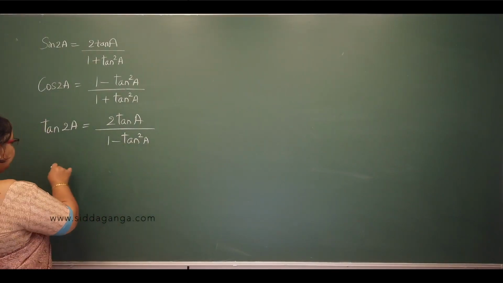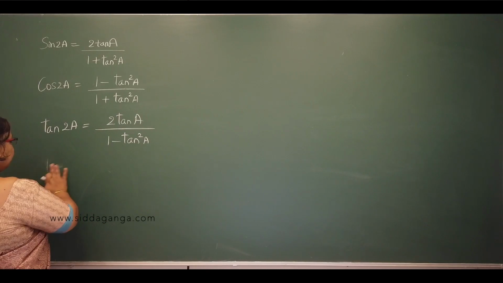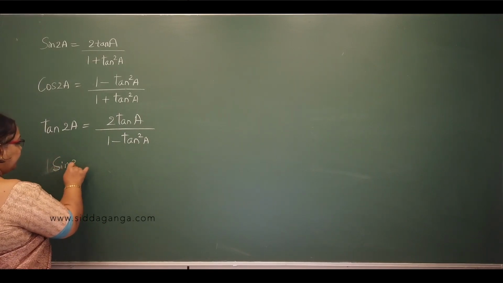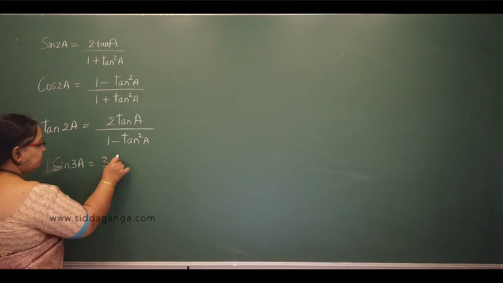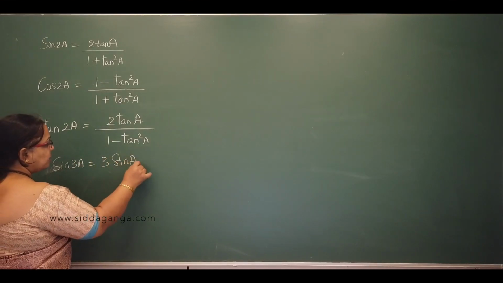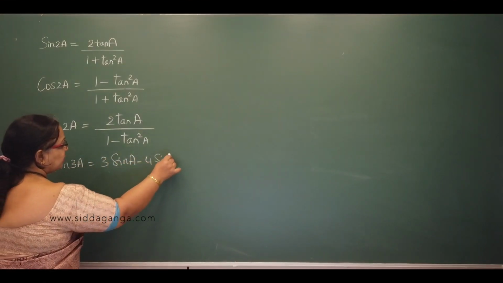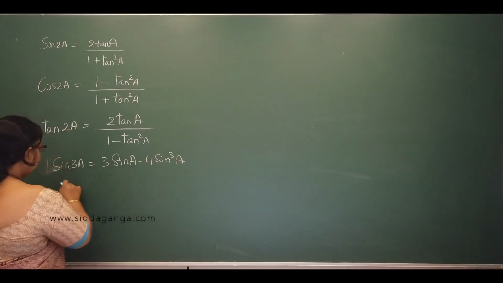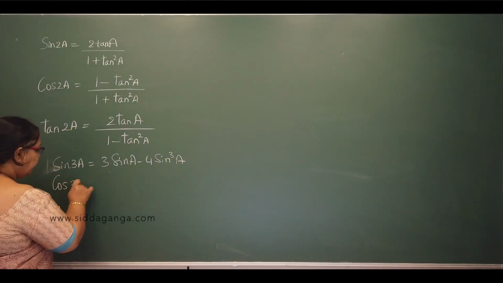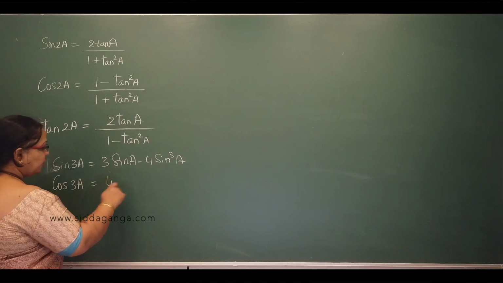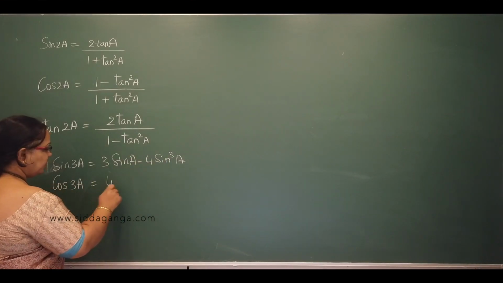And the multiple angle 3A formulae: sine 3A is 3 sine A minus 4 sine cube A, and cos 3A is 4 cos cube A minus 3 cos A, where the cube term must be in the first term.